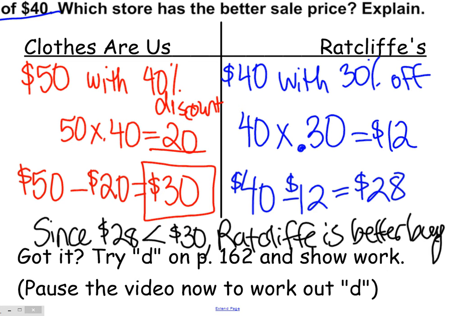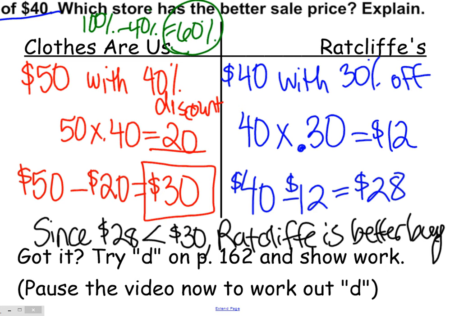This does save you one step because you just take 100% minus 40%, which equals 60%. So you take the percent that you'll be paying times the original price, which gives you 30 in one step. That is easier.